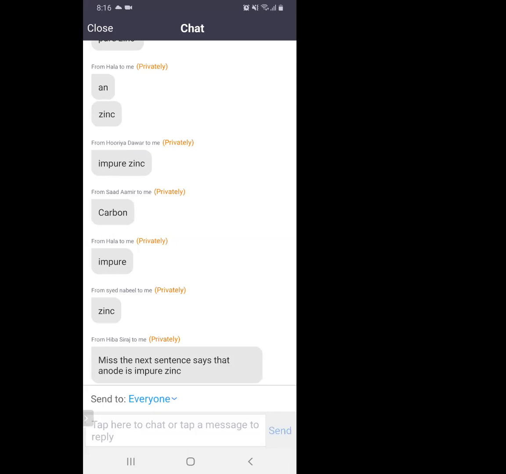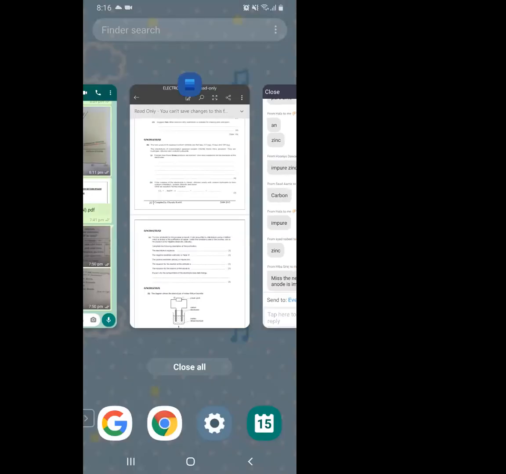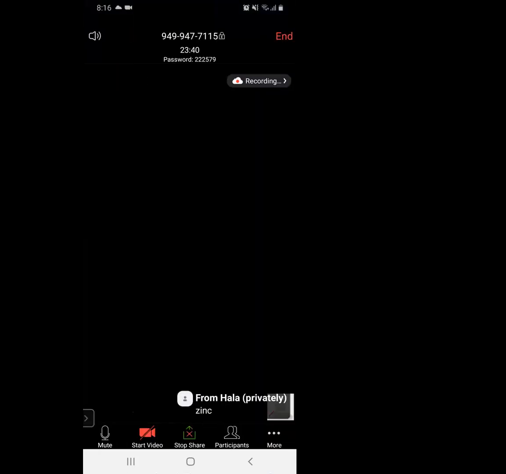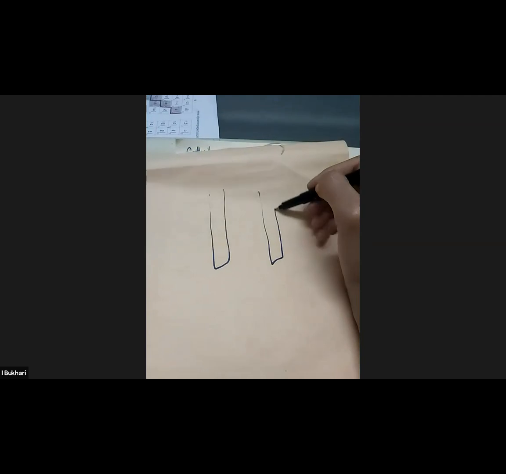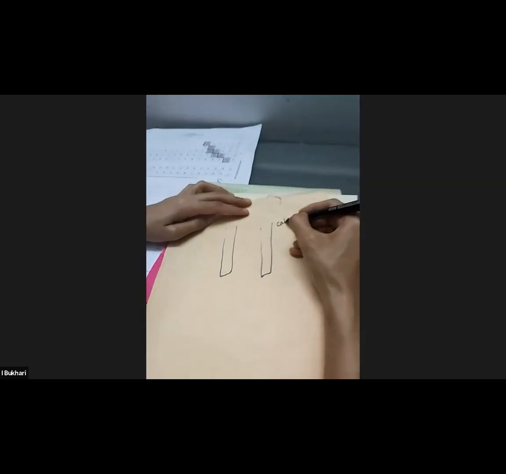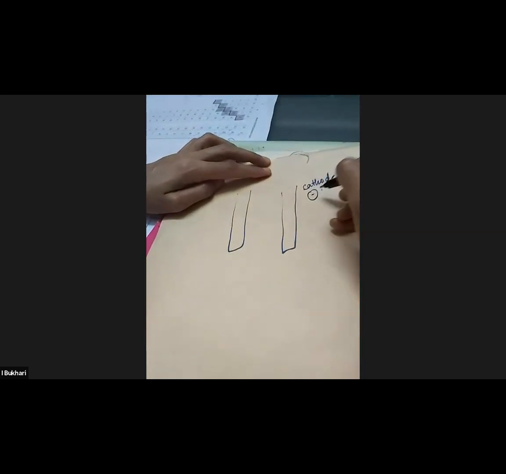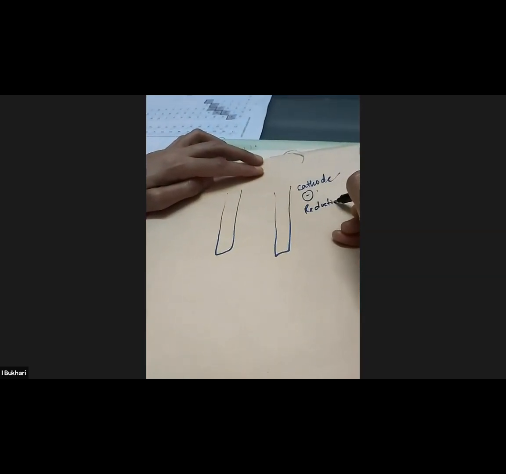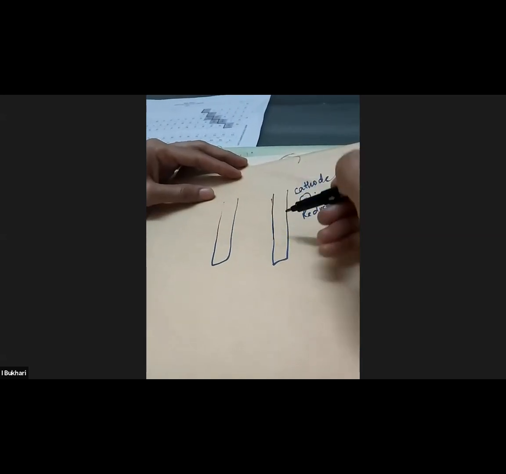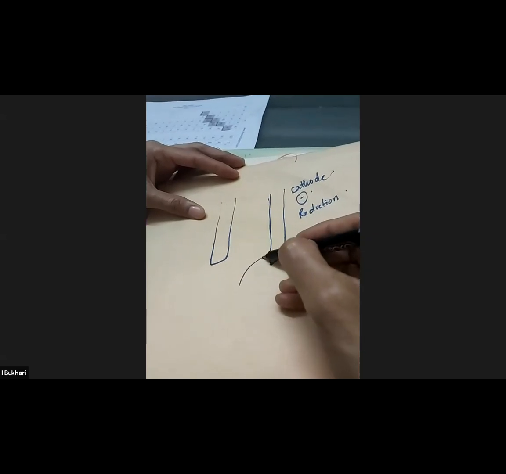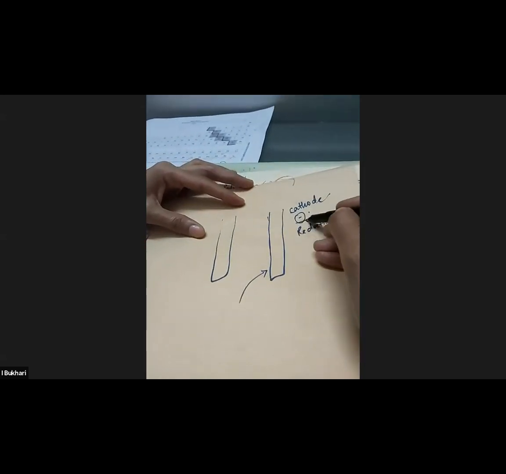See, what will happen at the anode and what will happen at the cathode? Think about it. See, what is happening at the anode and what is happening at the cathode? Let's see. At the cathode, you have reduction going on, right? Reduction is the addition of electrons and therefore deposition of the metal, right? So you will have the metal getting deposited at the cathode.